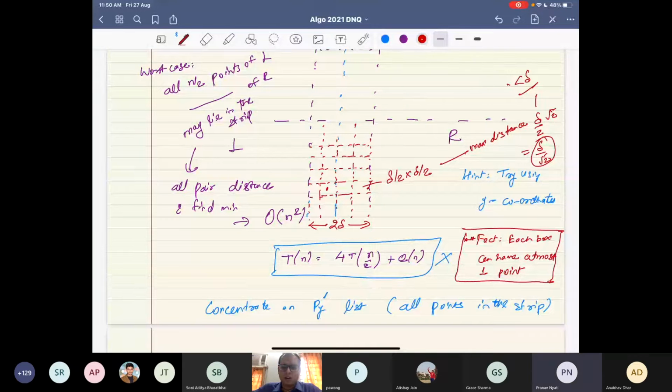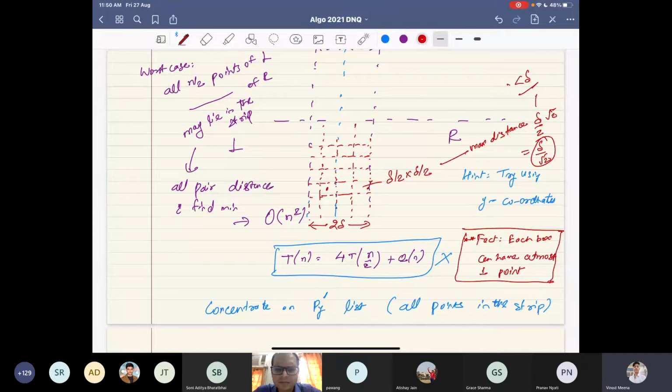Sir, in the vertical boxes strip, there will be only 1 point in one box, then the other box is empty. No, I'm saying each box can have at most 1 point, not more than that. Oh, got it, sir.